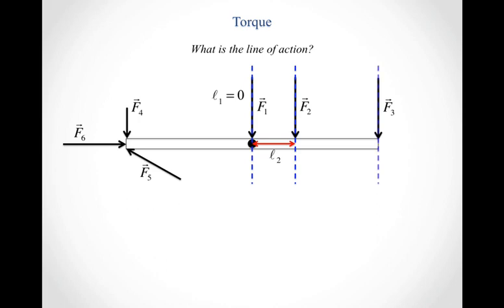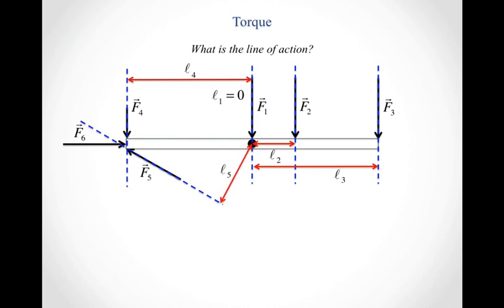With force 3, its line of action is all the way over here at the end of the rod, so its moment arm is half the length of the rod. The same is true for force 4. Its moment arm is half the length of the rod. Force 5, even though it acts at that same point, because its line of action does not run perpendicular to the rod, its moment arm is much smaller.